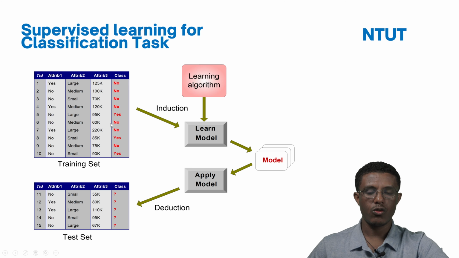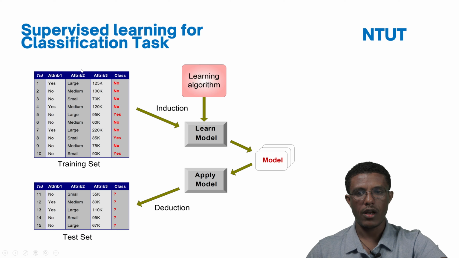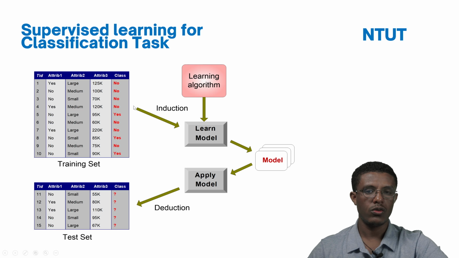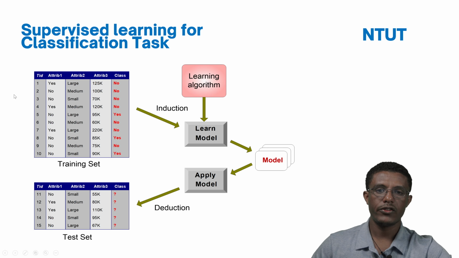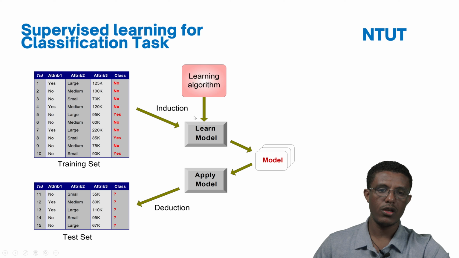So this is called supervised learning. The attribute part is like the input features, and the class is like the ground truth, or the label. This training data is fed into the learning algorithm, and we train the model.